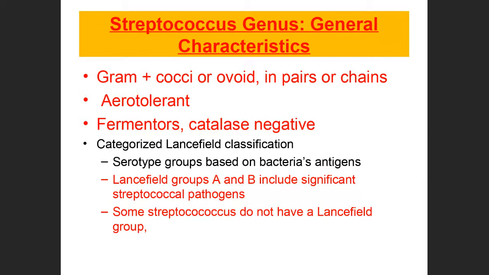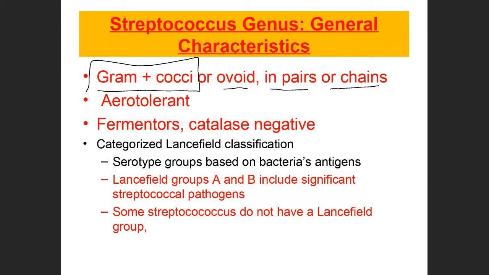So Streptococcus are gram-positive cocci, just like Staphylococcus are. Their shape is sometimes a little bit more ovoid than round. Their arrangement is pairs or chains versus Staphylococcus, which is clusters. Staphylococcus was a facultative anaerobe.